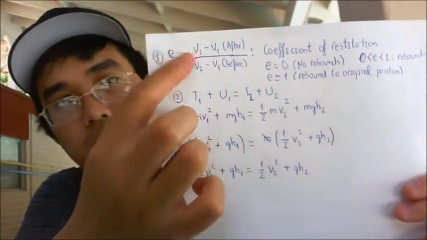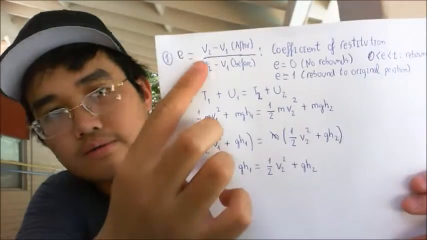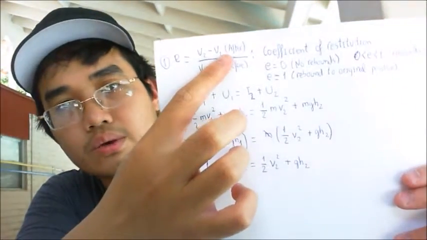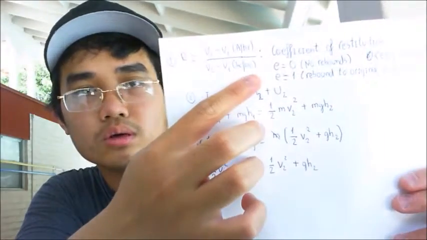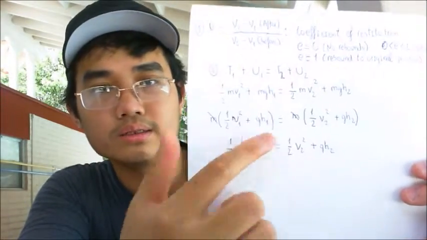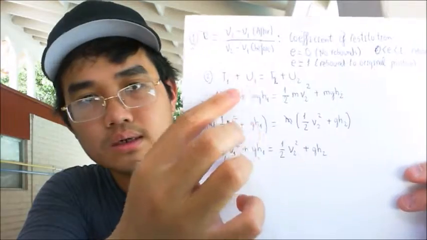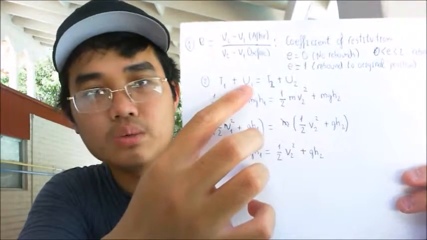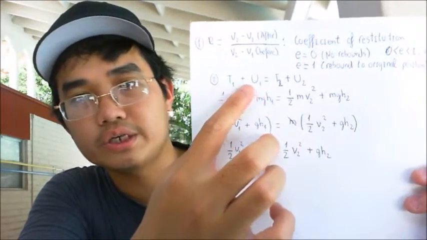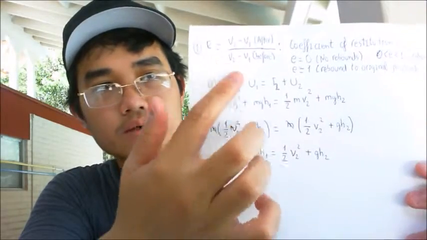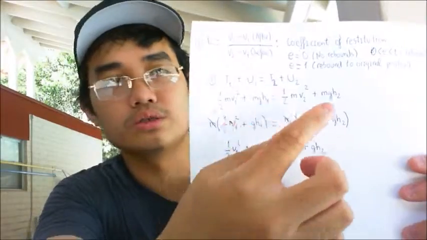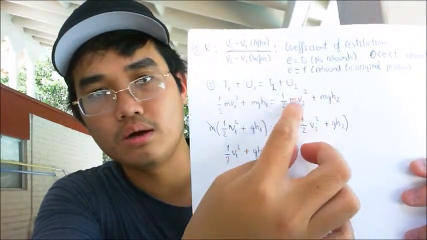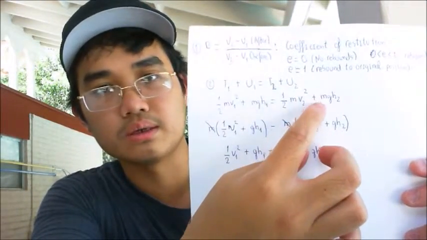The first one is the coefficient of restitution equal to the rate speed after collision over the rate speed before the collision. And the second equation is the principle of conservation of energy and impulse, stating that the sum of the energy before collision equals the sum of the energy after the collision.